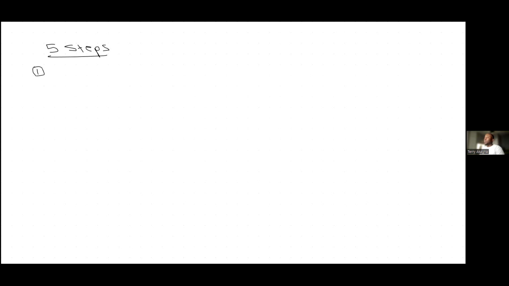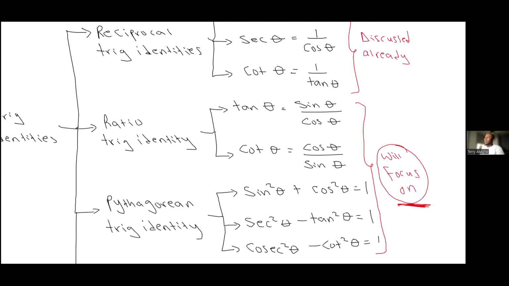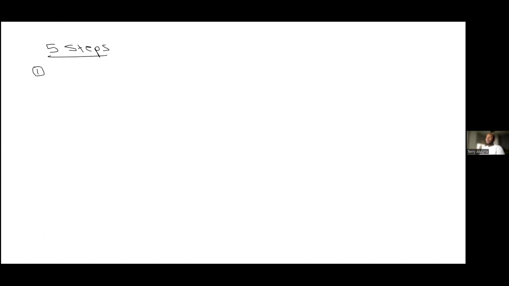So you'll see that the ratio trig identity you have, you have to manipulate it so that it looks like any of these 5. It could look like sine theta over cos theta, so you change it to tan theta, or cos over sine. So any of these 5 trig identities, you have to manipulate the function so it will have these at the end of the day. So the first thing you have to do is to manipulate.